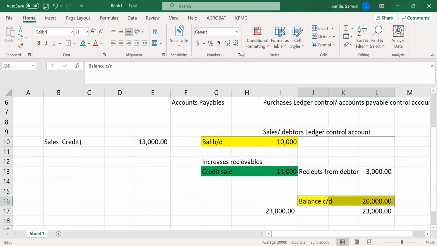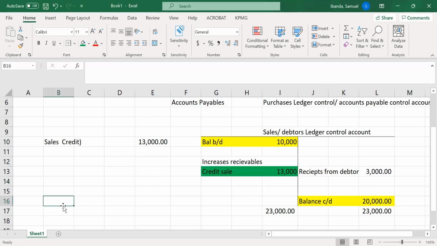Now, you need to understand that when we are doing financial statements for manufacturing, yes, we have the manufacturing account, and then we have the trading and P&L.